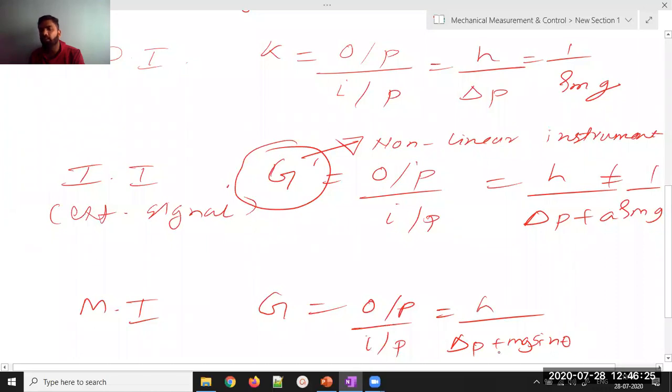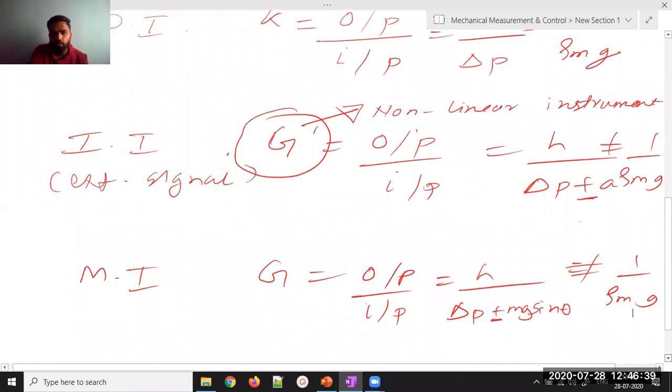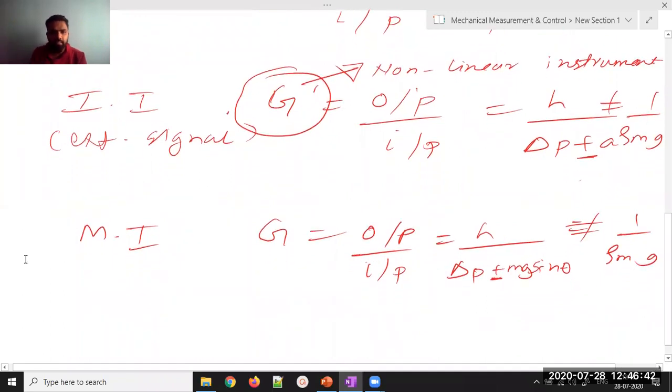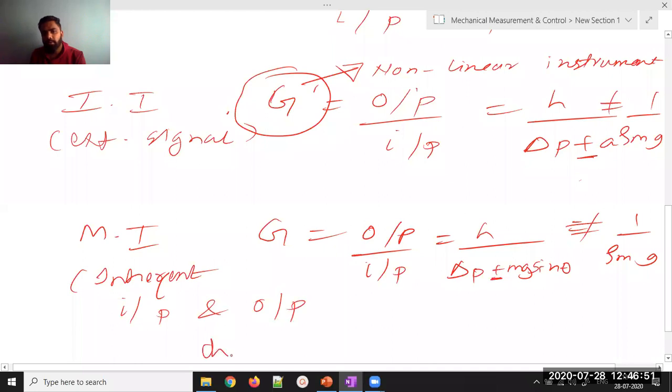It might be contributing in a positive or negative manner, so we can put plus or minus here, and this will again not be equal to 1 upon rho m into G. This modifying input is changing the inherent input and output characteristics of the instrument.